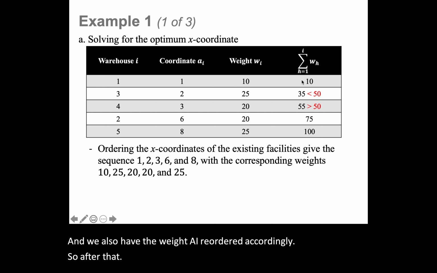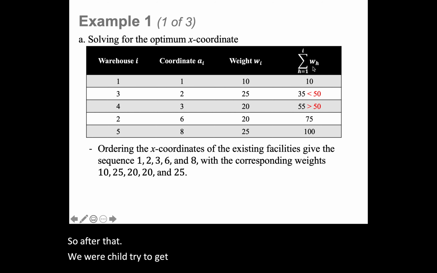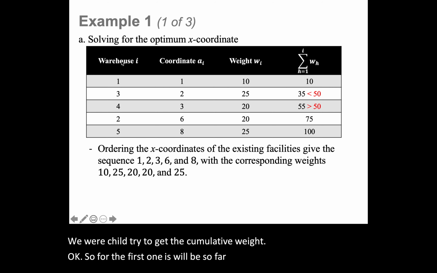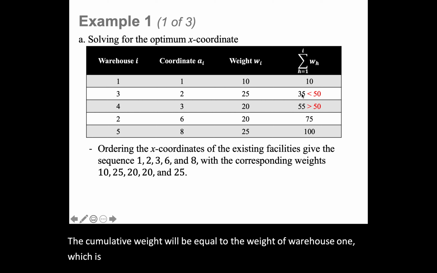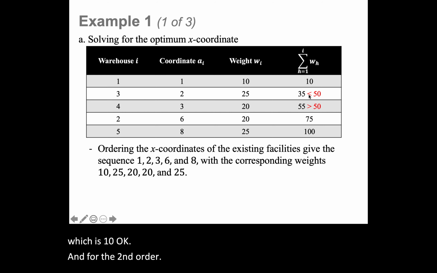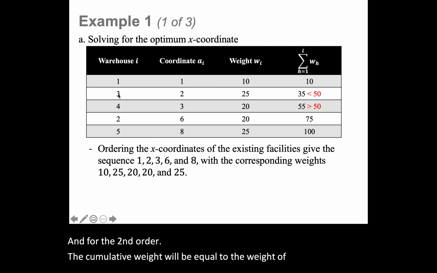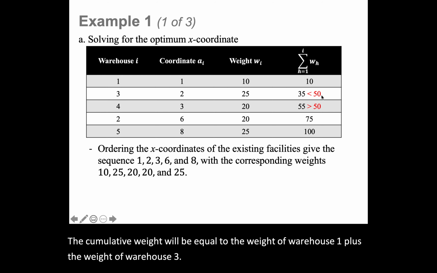we will try to get the cumulative weight, okay? So for the first order, which is the warehouse 1, the cumulative weight will be equal to the weight of warehouse 1, which is 10, okay? And for the second order, the cumulative weight will be equal to the weight of warehouse 1 plus the weight of warehouse 3, okay, and so on.